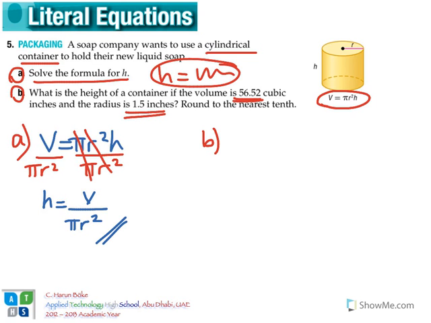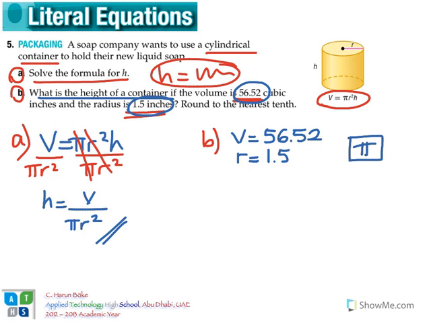Let's read the question. What is the height of a container if the volume is 56.52 cubic inches and the radius is 1.5 inches? Alright, so we have V, the volume, to be 56.52 cubic inches and the radius R to be 1.5 inches. Now again, remember, you're going to use the pi button in your calculator, not any constant value.